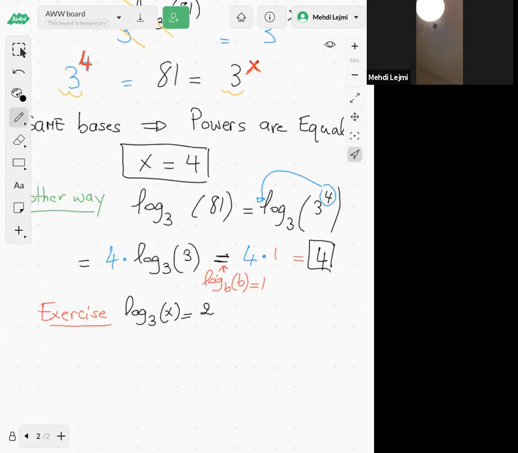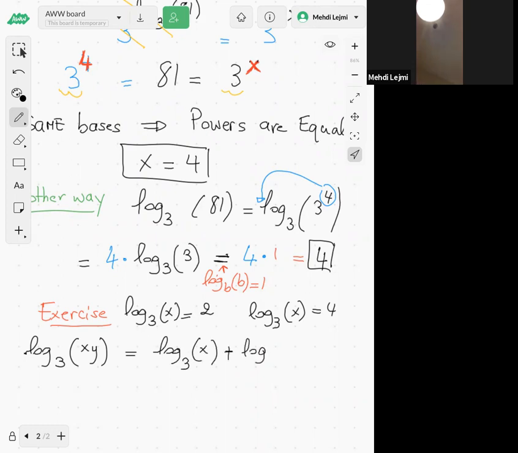First, we need log in base 3 of x times y, right? We said the log of the product is the sum of the logs. So that would be log of x in base 3 plus log of y in base 3. Log of x in base 3 is 2, and log of y in base 3 is 4. So that'll be 2 plus 4, and the answer will be 6.